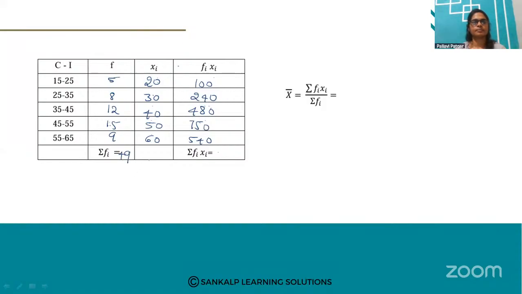So summation fi xi is 100 plus 240 plus 480 plus 750 plus 540. So this is equal to 2110.